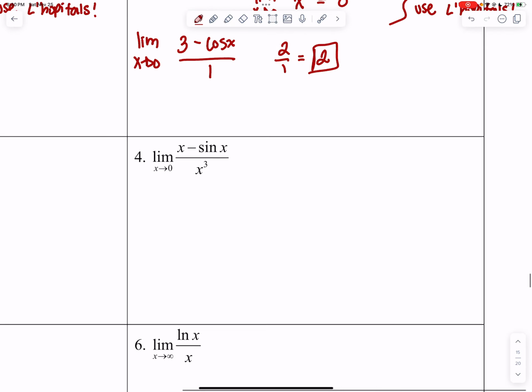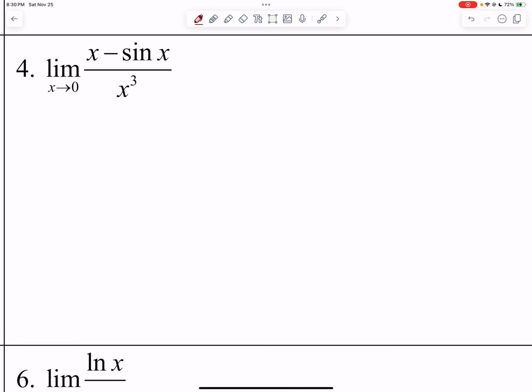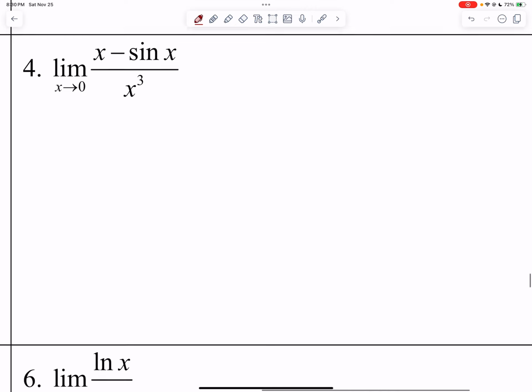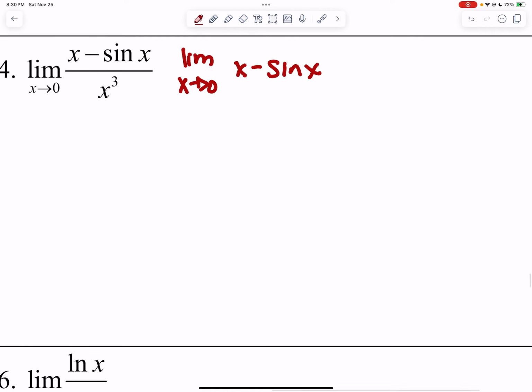All right. So let's look at number 4. Once again, I need to see if I could use L'Hopital's by evaluating the numerator first and then the denominator. So here we have 0 minus sine of 0. Sine of 0 is 0. So 0 minus 0 is 0.